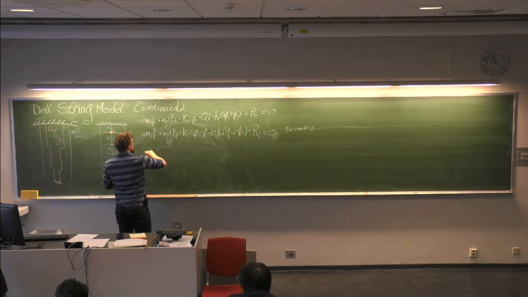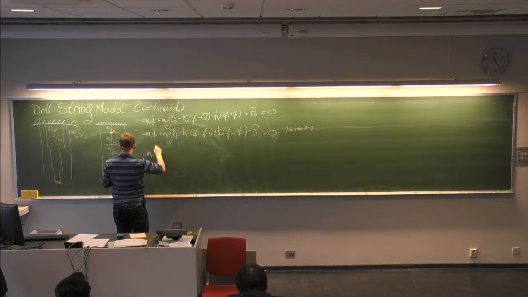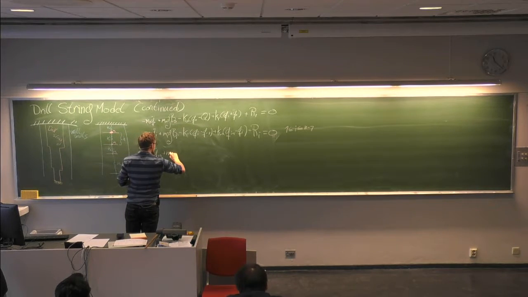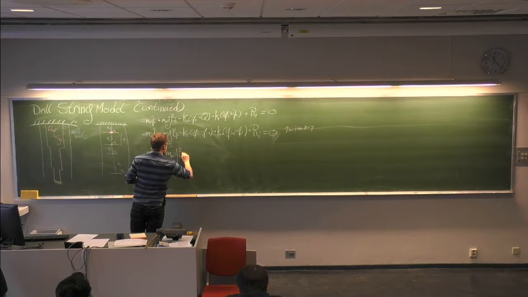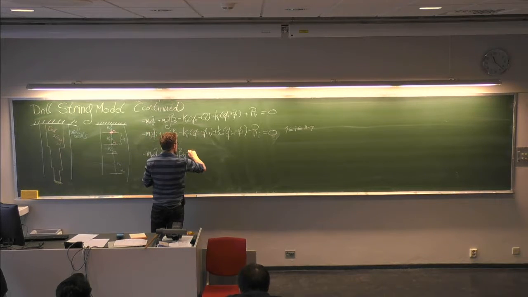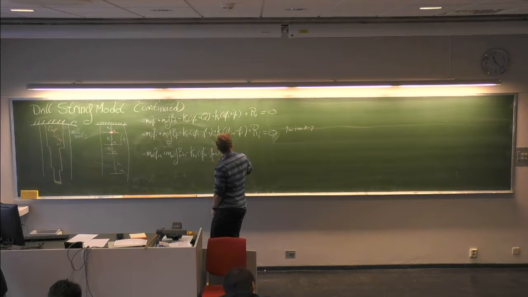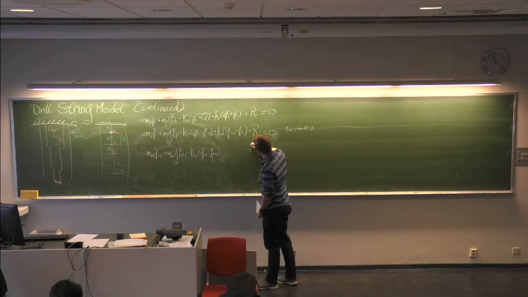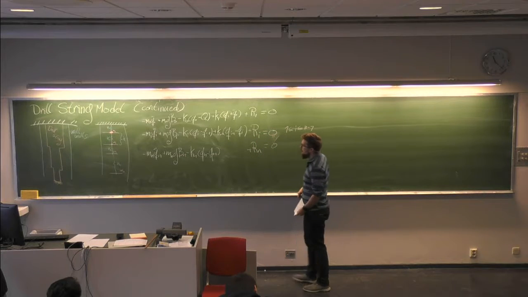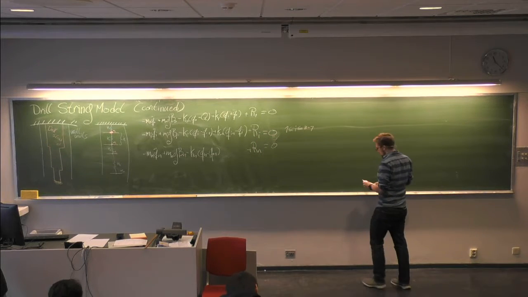That is going to be m_n q_n double dot plus the gravity term g_n, plus the spring term minus k_n (q_n minus q_{n-1}) plus the viscous force r_n. Okay, so that's the first 10 minutes of the lecture.